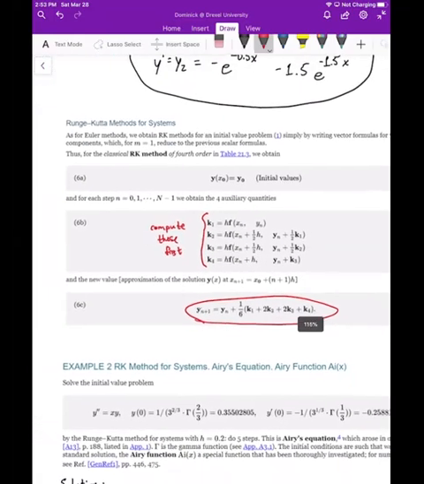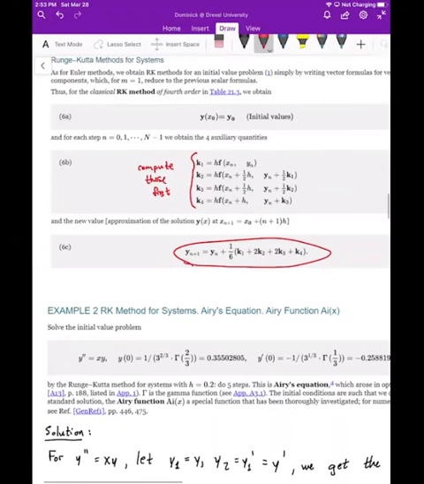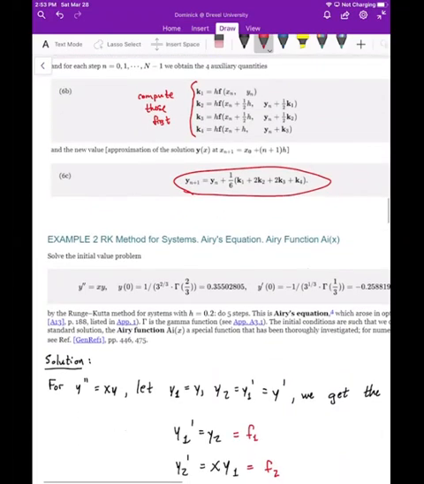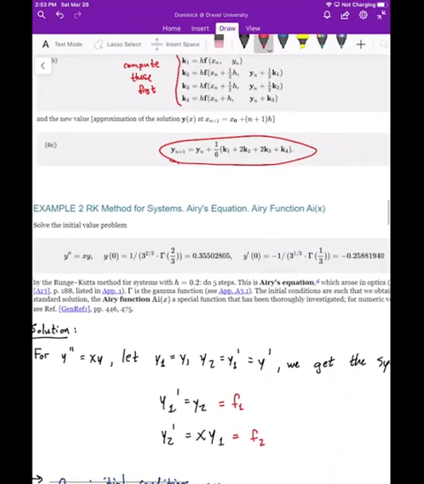Let's go through an example. It will allow us to talk about what's going to happen here. What we're going to consider is the initial value problem, which is a demonstration of Airy's equation and the Airy function.